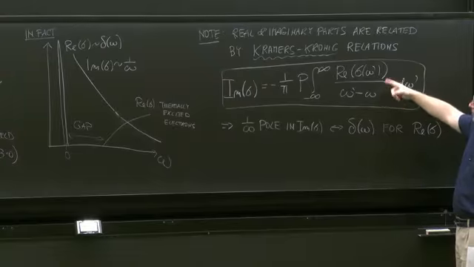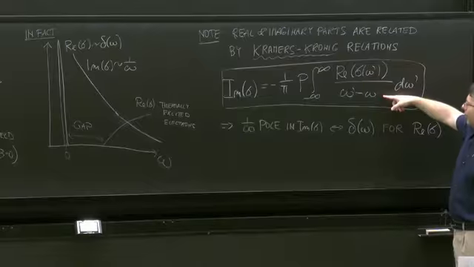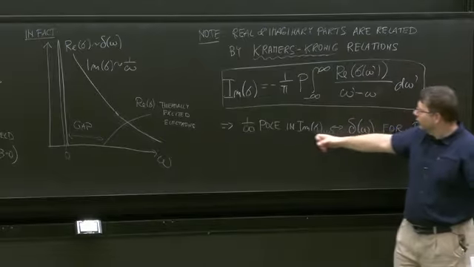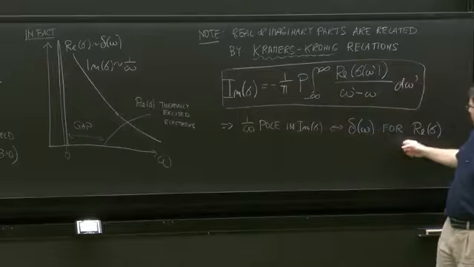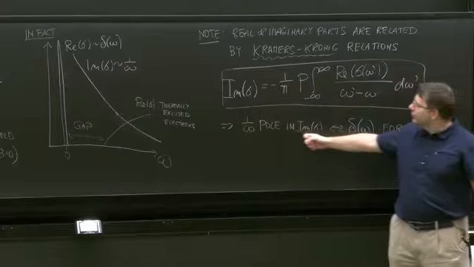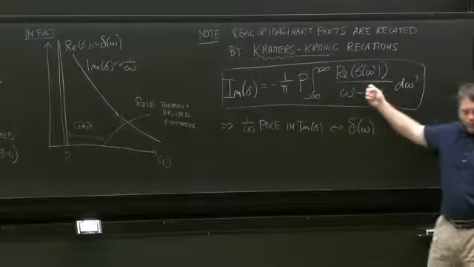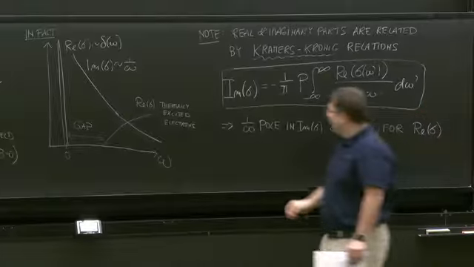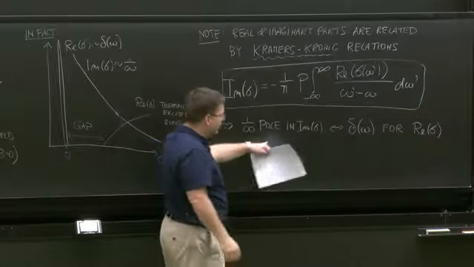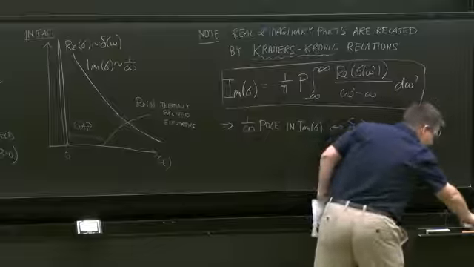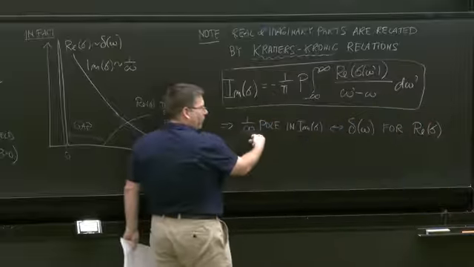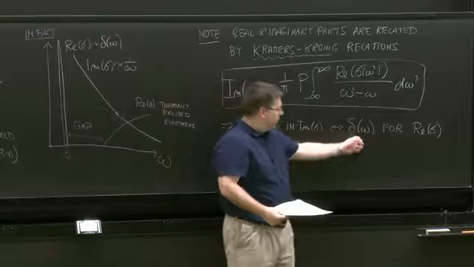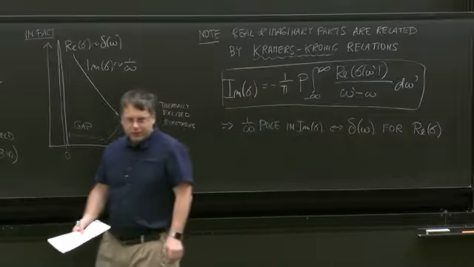It just picks up 1 over omega, up to a sign. So a delta of omega in the real part corresponds to 1 over omega in the imaginary part. If you discover a pole in the imaginary part which goes like 1 over omega, you know there will be this infinite DC conductivity.